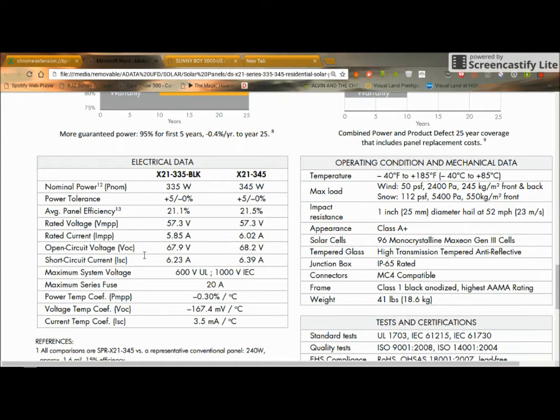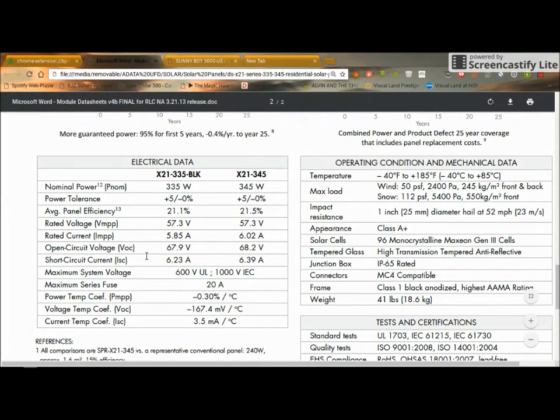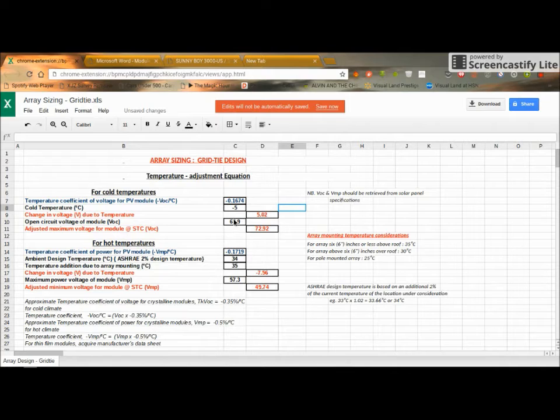So there's no inverter, no energy is being drawn. So you're sizing when it's just the sunlight hitting the panel all by itself. So that open circuit voltage would be 67.9. So we'd input that 67.9.